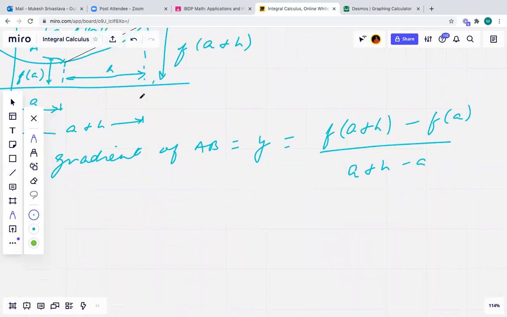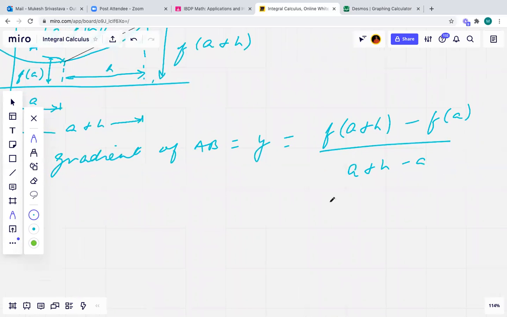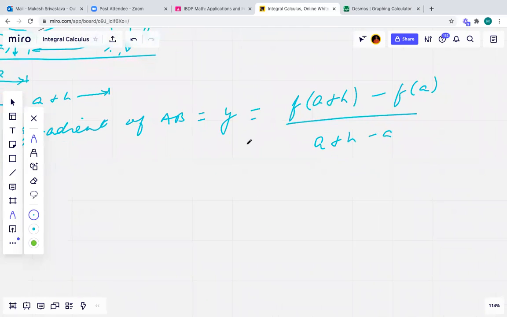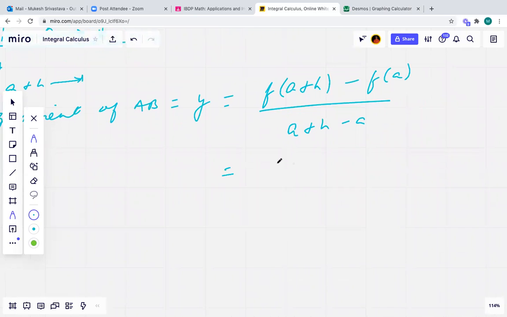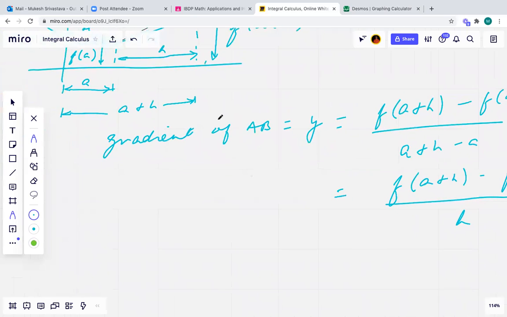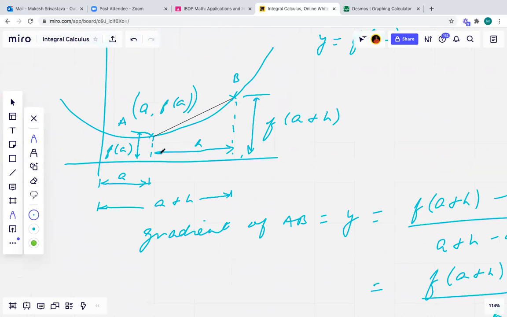Now, my h is this. Now, what is h? H is the horizontal distance between point A and point B. Right?